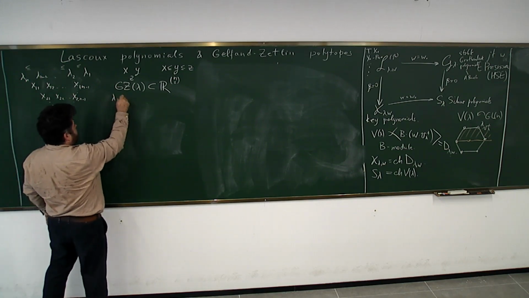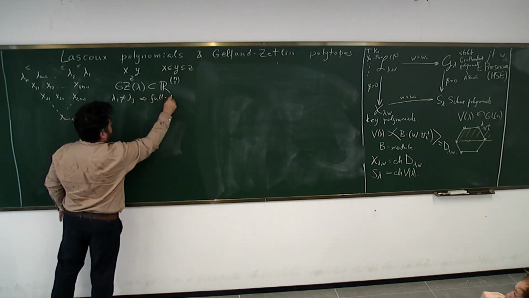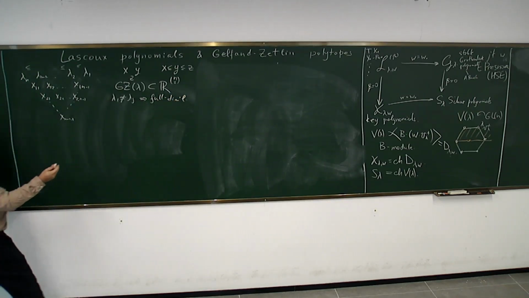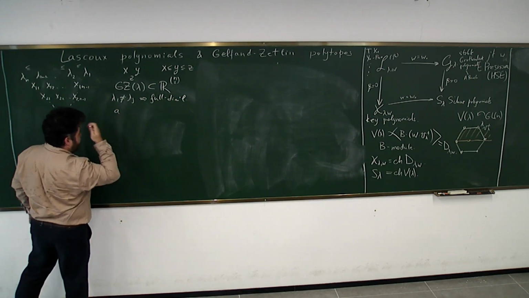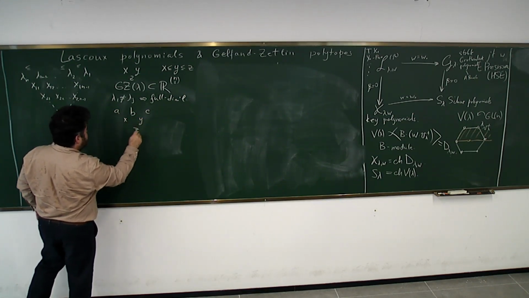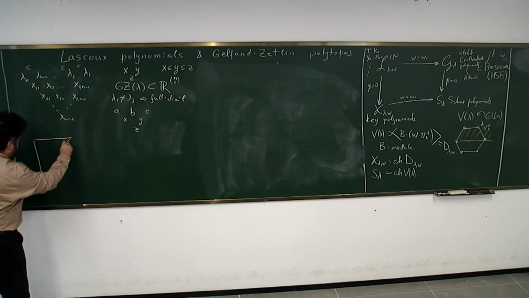Then let me draw the simplest example, and the only example I can draw, for a, b, c, x, y, z. This polytope will look as follows.